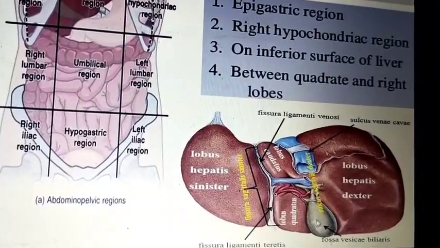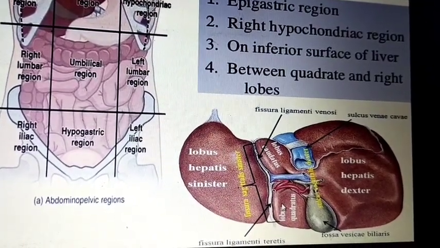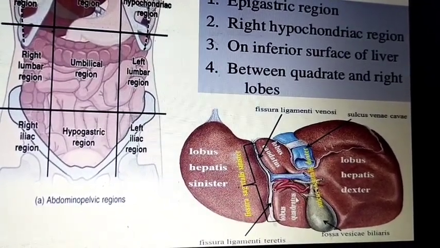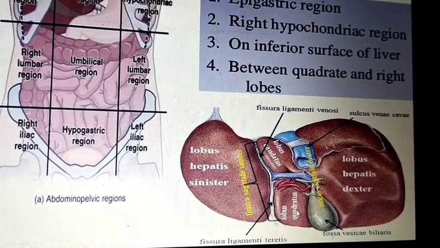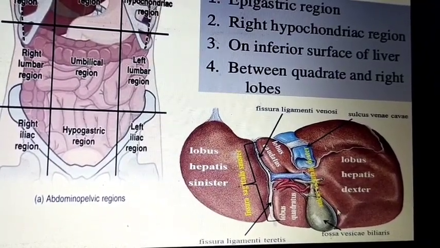In short, it is present just right to the quadrate lobe, in between the quadrate lobe and right lobe of the liver.